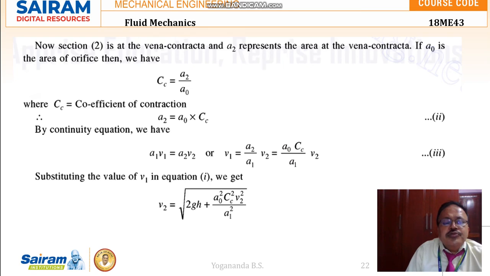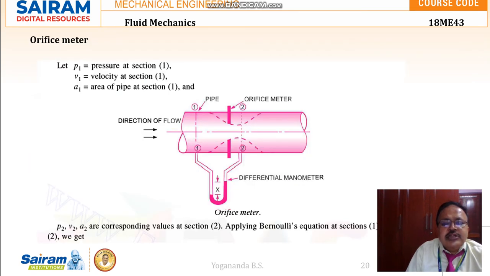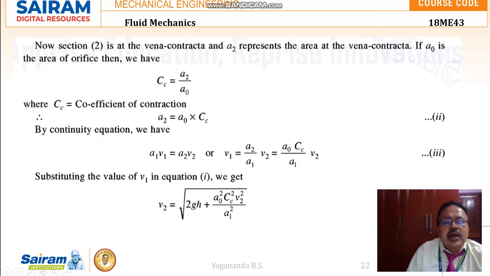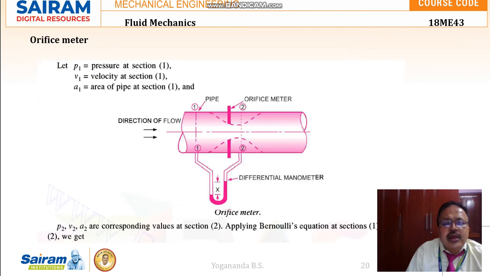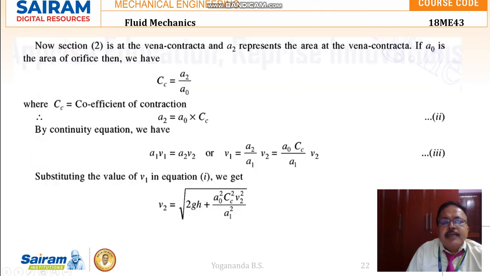Now section 2 is at vena contracta. So A2 is now area at the vena contracta here. So A0 is the area of the orifice. We have one more coefficient here called as coefficient of contraction.